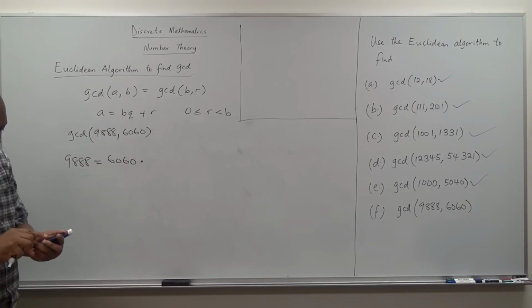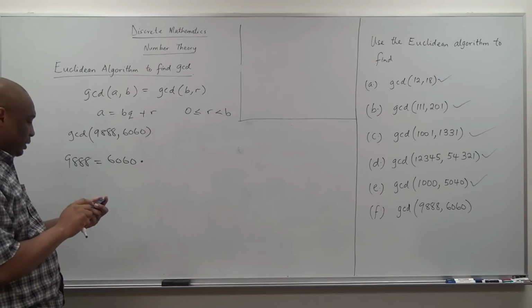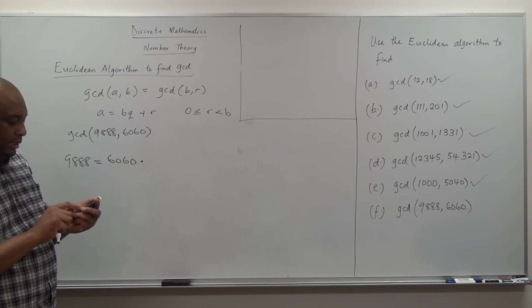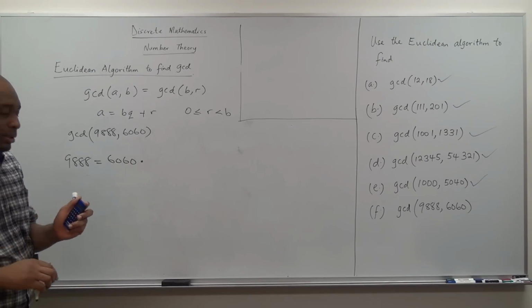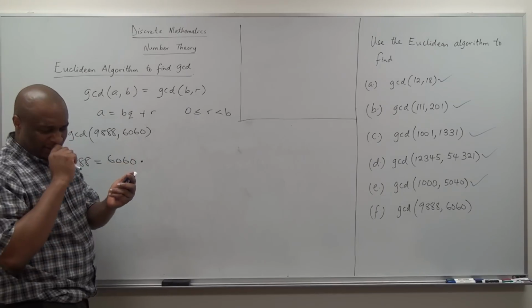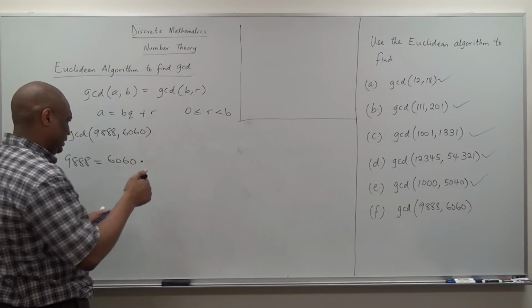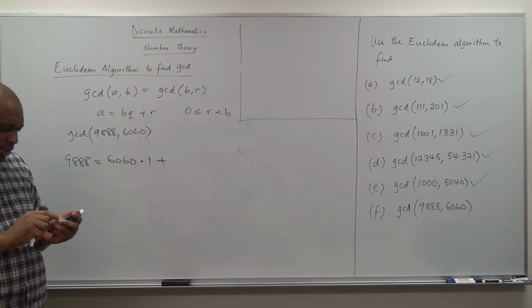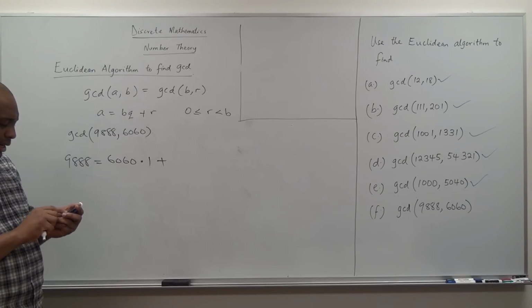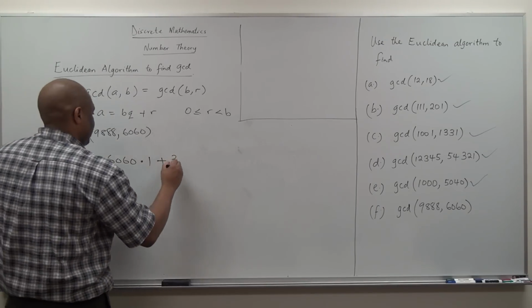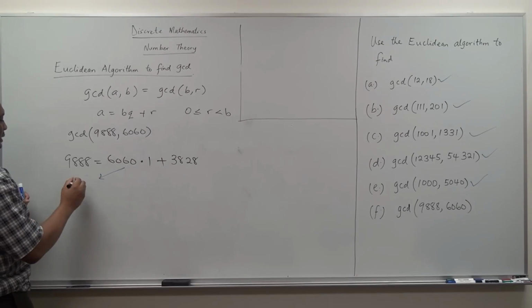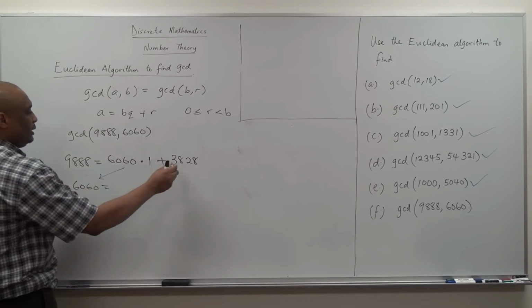Now we divide 9888 by 6060. It gives us 1.6 something, but 1 is the integer part. Then you subtract: 9888 minus 6060 gives us 3828. Then we bring 6060 over here.